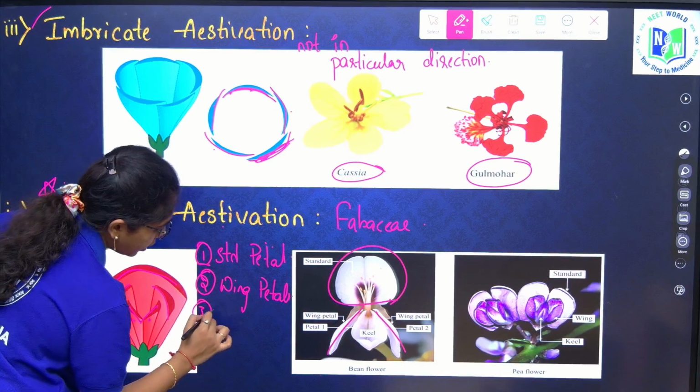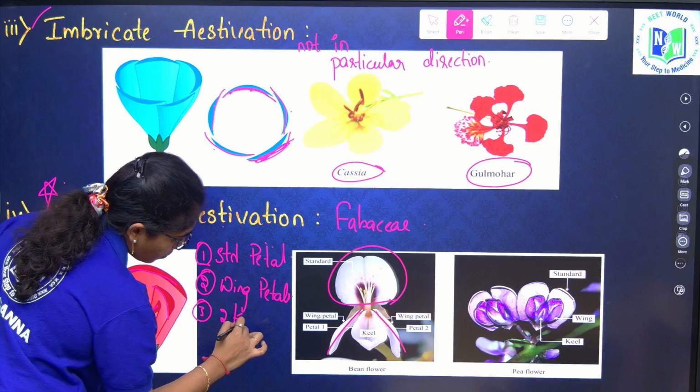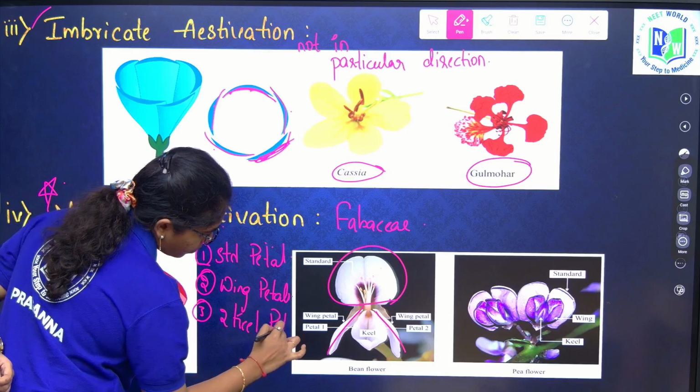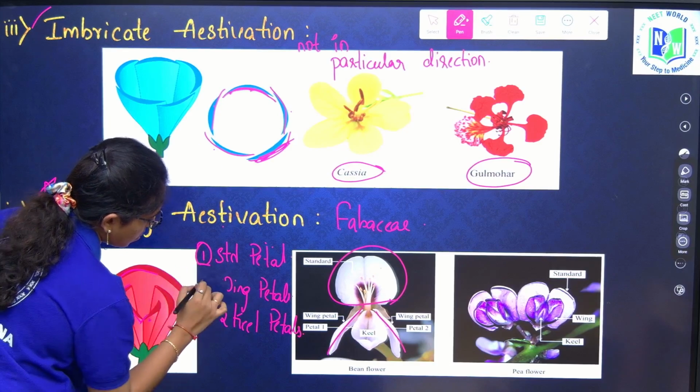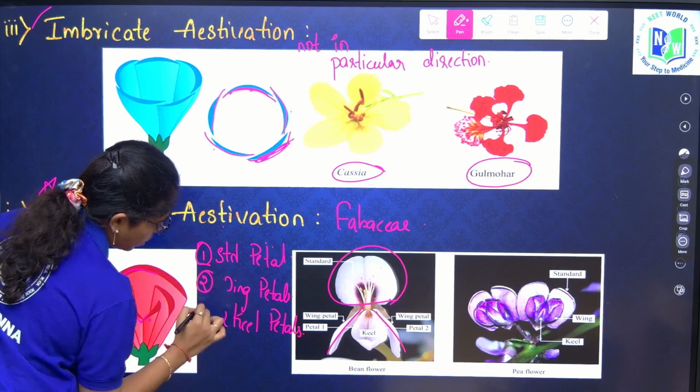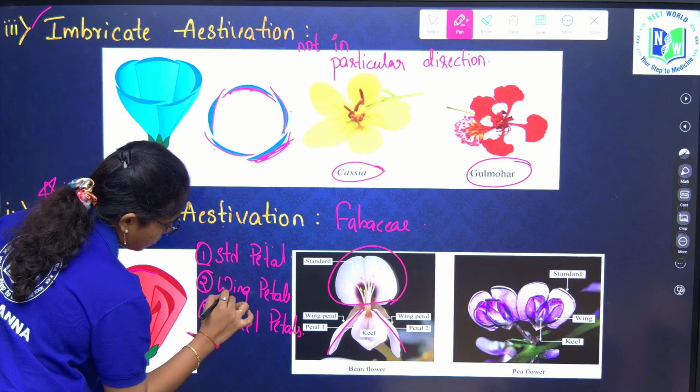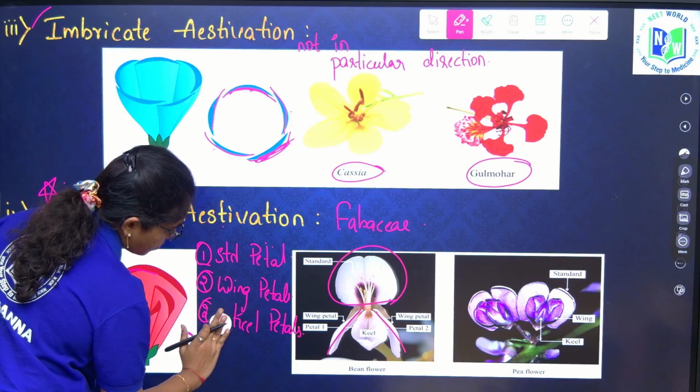Lastly, two keel petals: two wing petals and two keel petals.